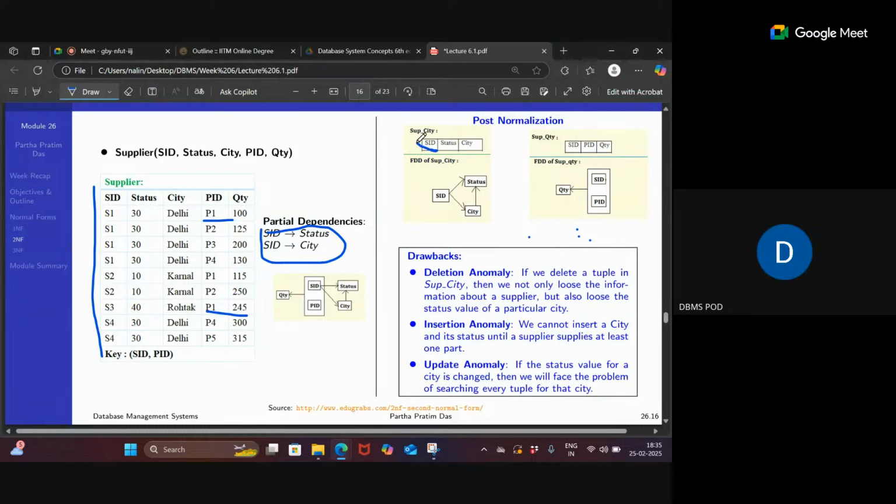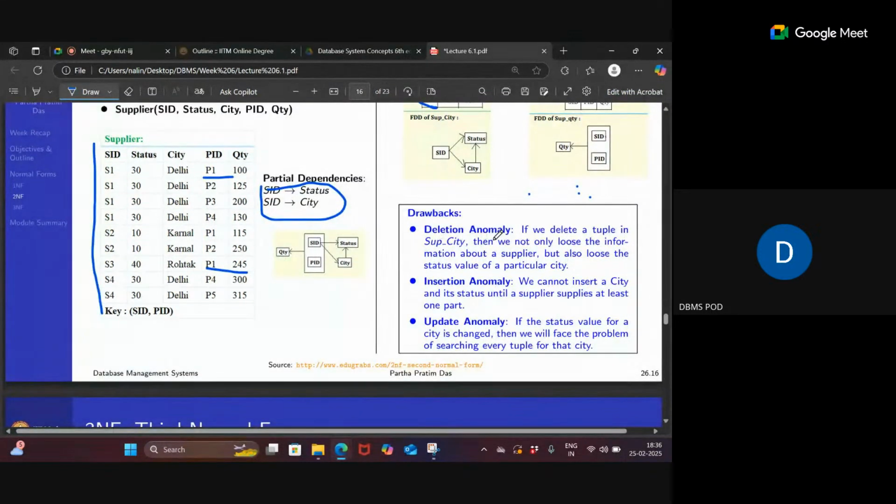SID determining status is not a partial dependency after decomposition, and SID determining city is also not a partial dependency. And SID, PID together determine quantity. That is also valid because for this relation SID and PID is the candidate key. The decomposed schemas are in 2NF.